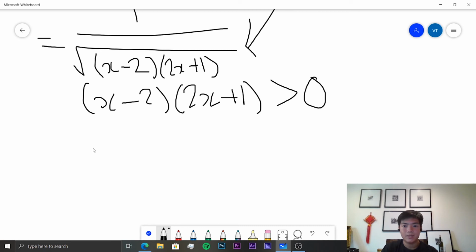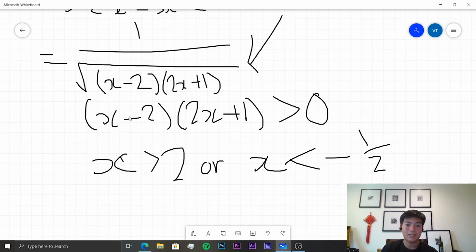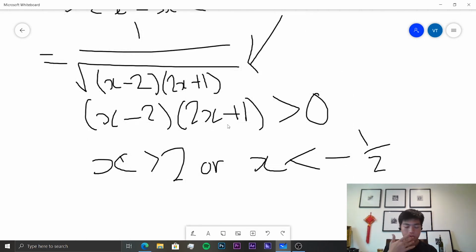This looks simply to be x is greater than 2 or x is less than negative 1/2. If x is greater than 2, both x minus 2 and 2x plus 1 are positive, so the product would be greater than 0. And if x is less than negative 1/2, x minus 2 and 2x plus 1 would both be negative, so the overall resulting number would be positive.